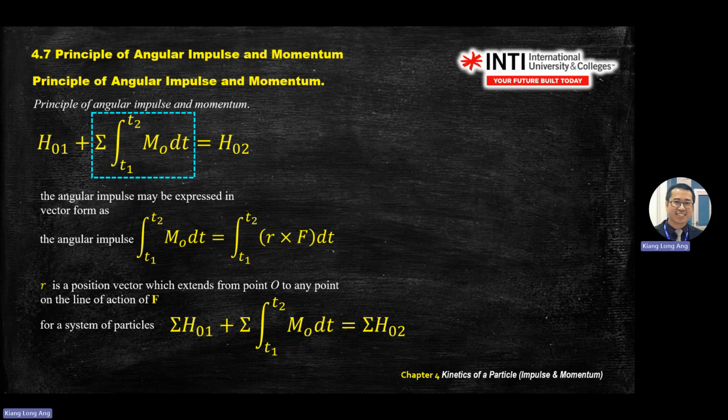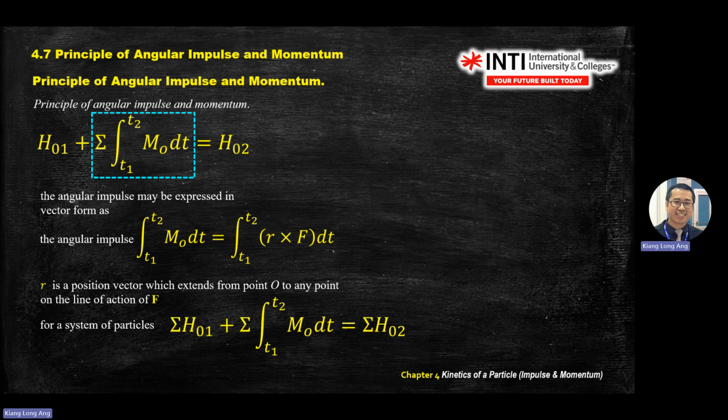So this is just another derivation. For your test, straight away memorize the sum of H1 plus the moment multiplied by time. Moment multiplied by time is the angular impulse.